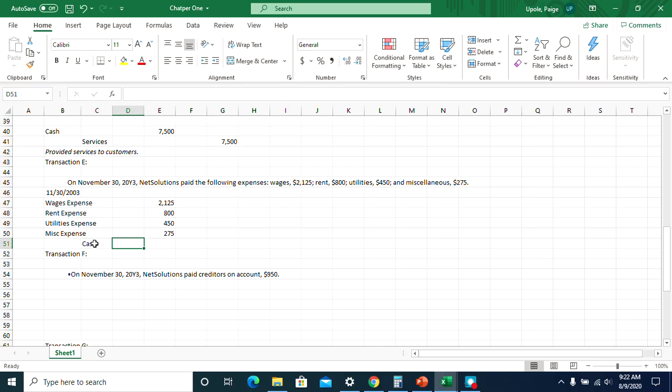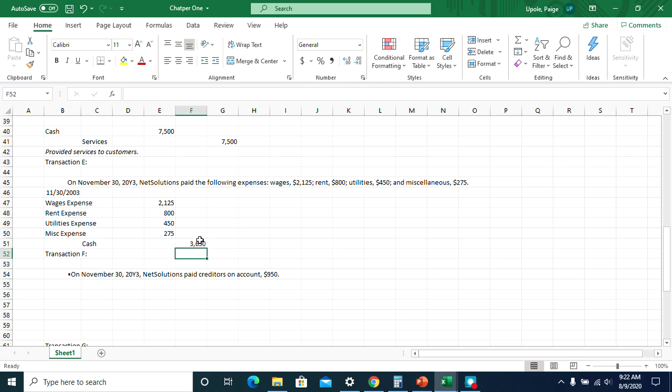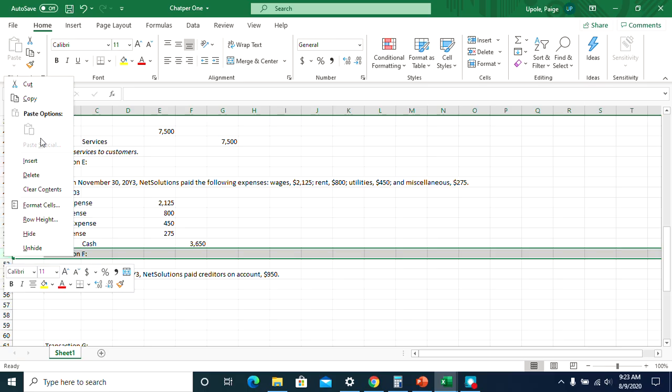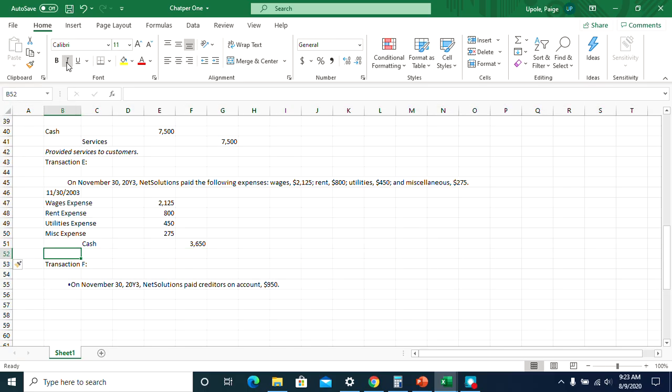I credit cash because I'm decreasing an asset. And remember, my debits have to equal my credits. So I paid a total of $3,650 of expense using an asset of cash. And I'll add my business description or transaction, paid monthly expenses.